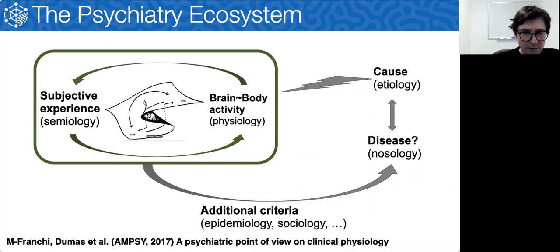Because you can take the data and apply machine learning and AI technology, but it's far more complicated than just doing this kind of analysis. You need to take into account different aspects of psychiatry, from the subjective experience of the patient to the criteria and consensus among experts and the state of the art in the etiology and the nosology of the field.